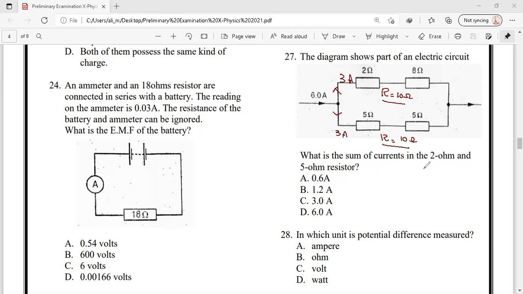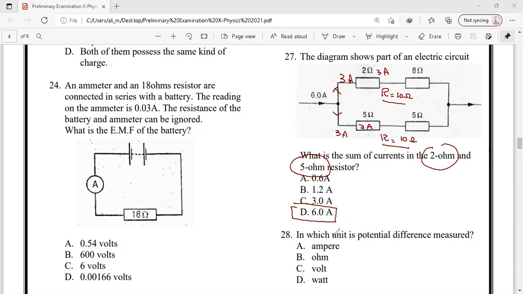So what is the sum of currents in the 2 ohms and 5 ohms resistor? The current in the 2 ohms will be 3 ampere, and the current in this 5 ohms will be 3 ampere. So the sum of this current is 6 ampere. So option D is the correct answer.